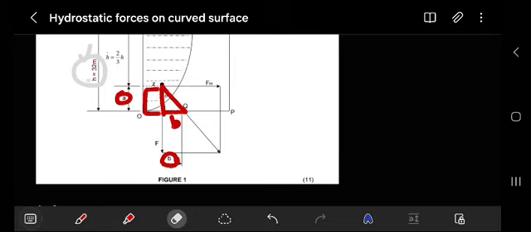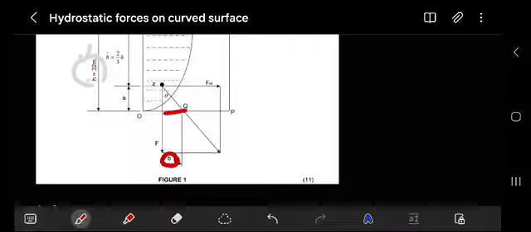Using that, we can simply use this triangle. This point is exactly there. We have B here and A here.